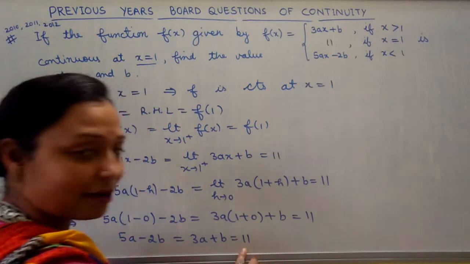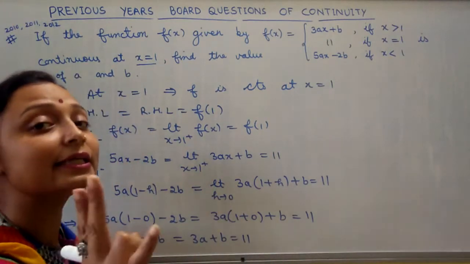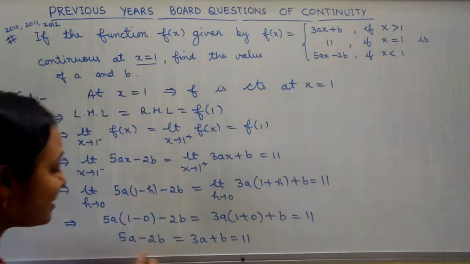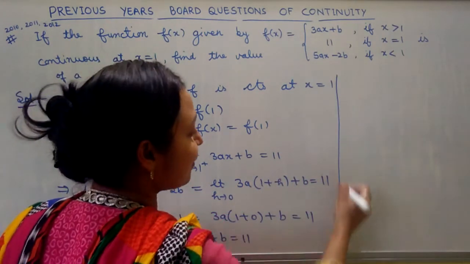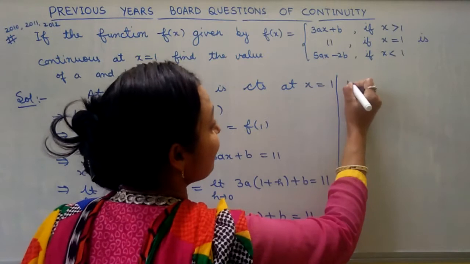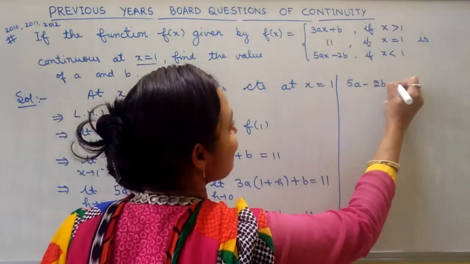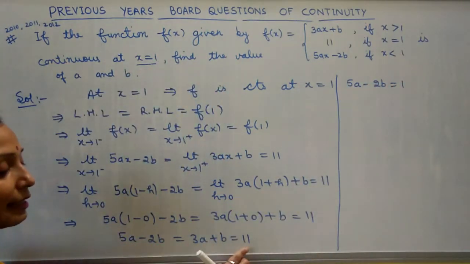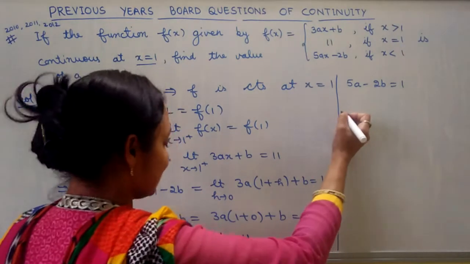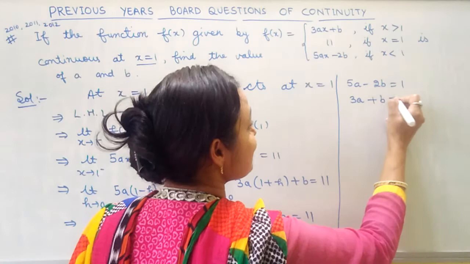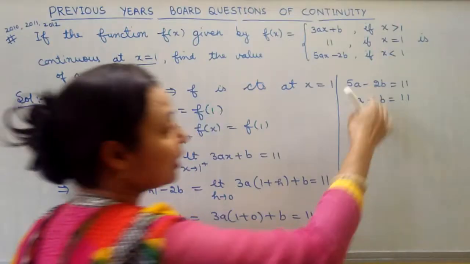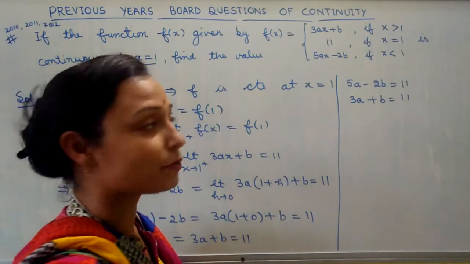From this, we get two linear equations in two variables. Taking the first and last, 5a - 2b equals 11. Taking the second and last, 3a + b equals 11. Both equations equal 11.